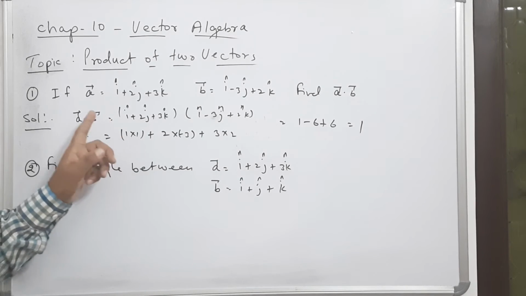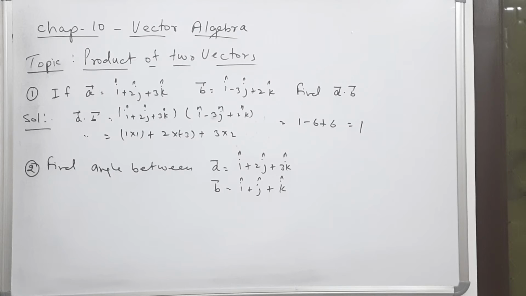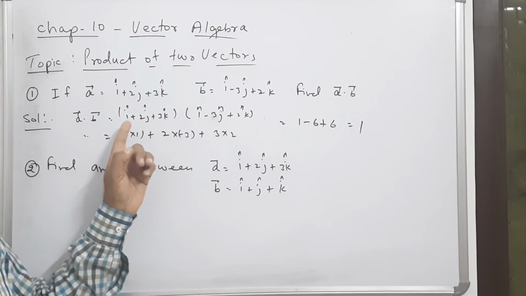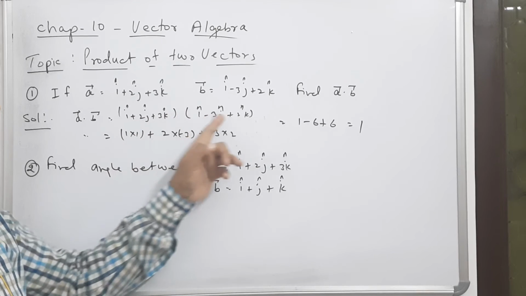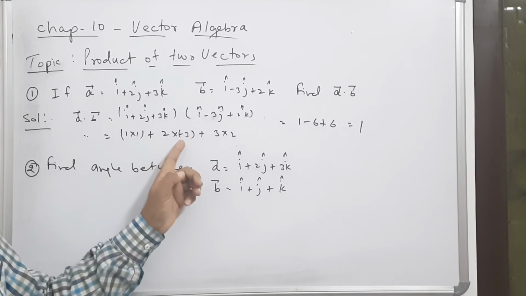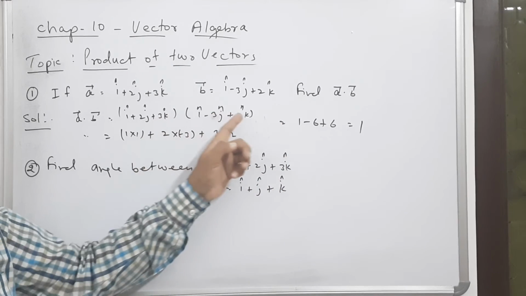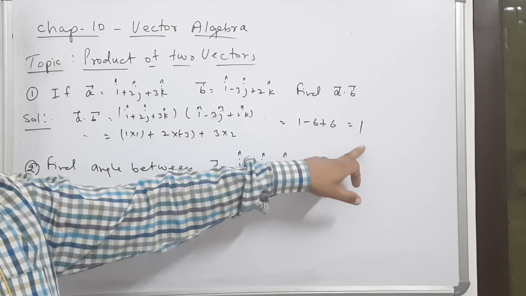In this way we find the dot product of two vectors, because i with i is 1 into 1, and i with j, i with k are 0. So directly j with j, that is 2 with minus 3, is minus 6, and 3 with 2 is 6. So the answer is 1 unit.